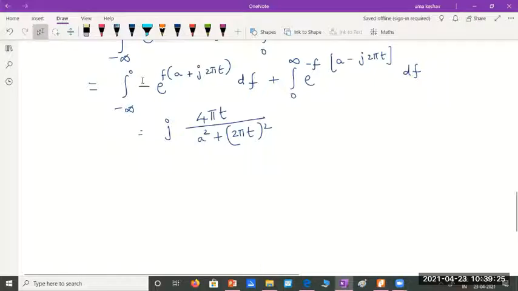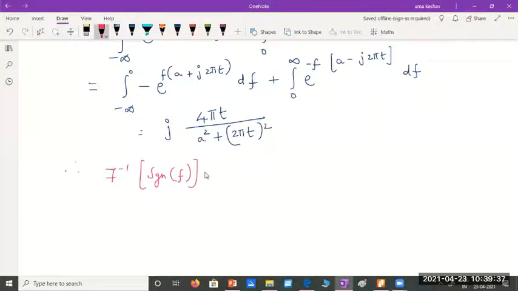Therefore, let's say the inverse Fourier transform, F inverse of signum of f, will be limit a tending to 0 of j 4 pi t by a square plus 2 pi t the whole square.